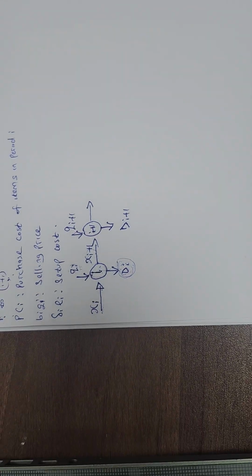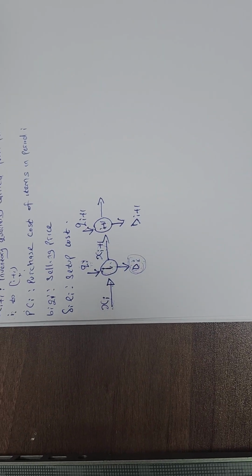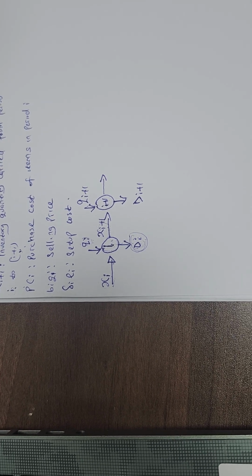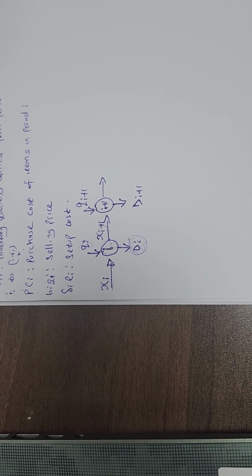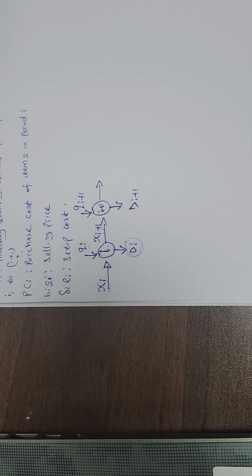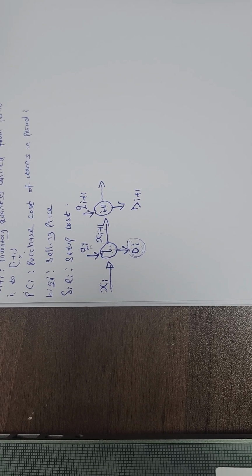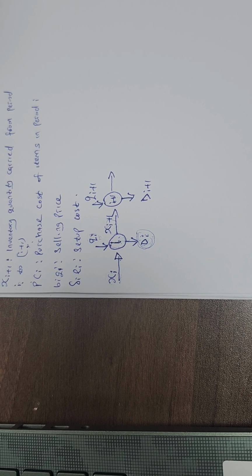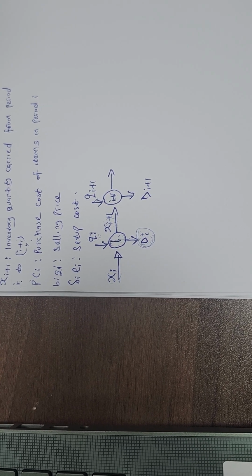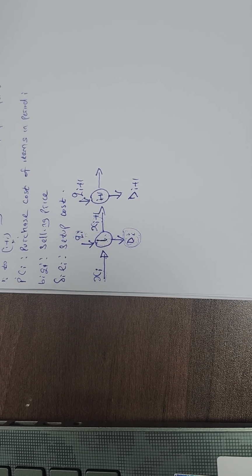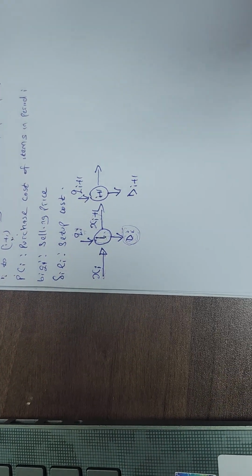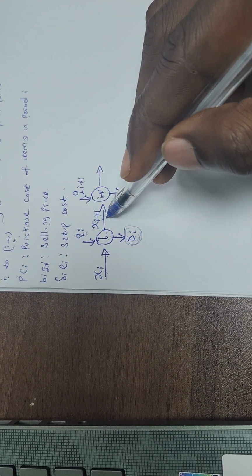You understand? This is my inventory. And I use 5 units in producing a particular product to meet 5 units of demand. So after that, what is left in my inventory is just 5, which is this XI plus 1.